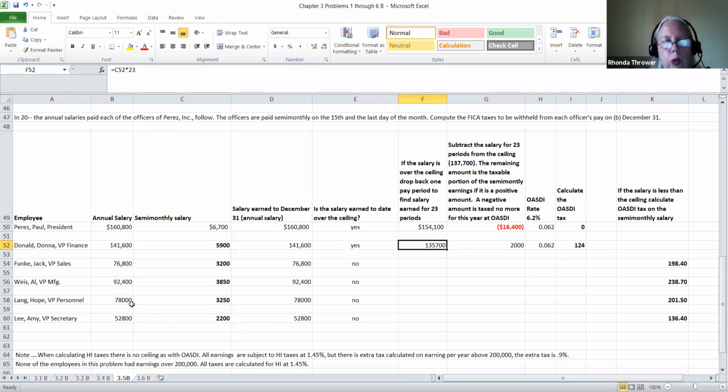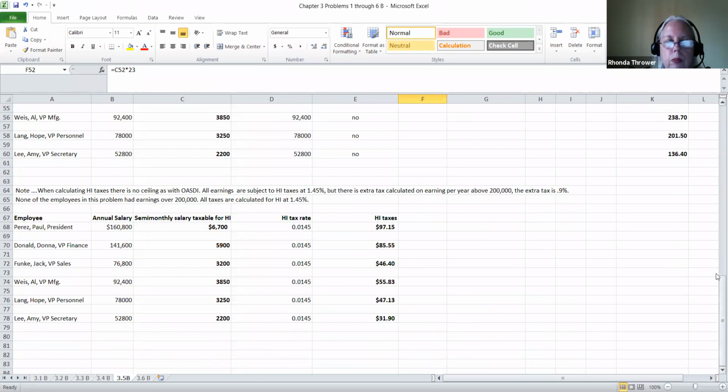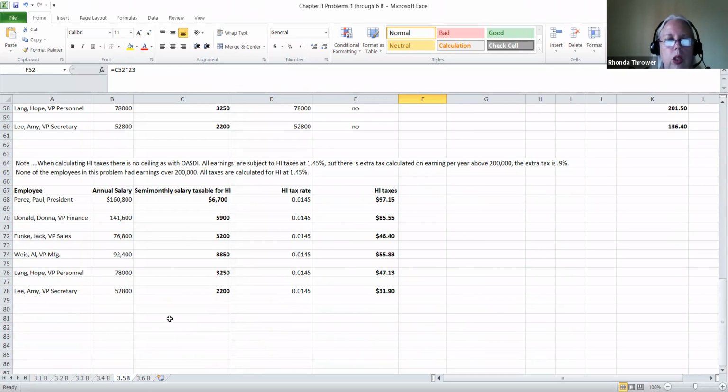The rest of the employees didn't earn enough to have to worry about the ceiling. So you simply take the amount of their paycheck and multiply it by 6.2%, and that will give you the taxes that are withheld for OASDI. And when we're calculating HI, you have to take into consideration if there's anything above 200,000, which in this problem there was not.